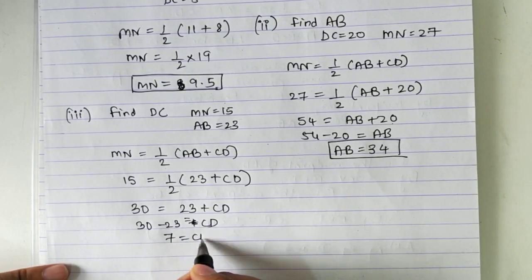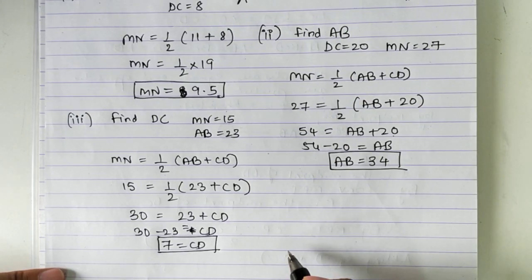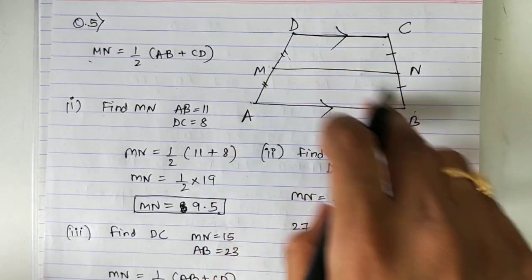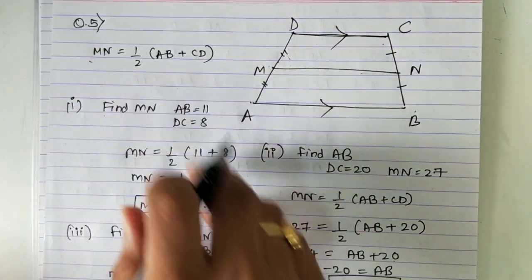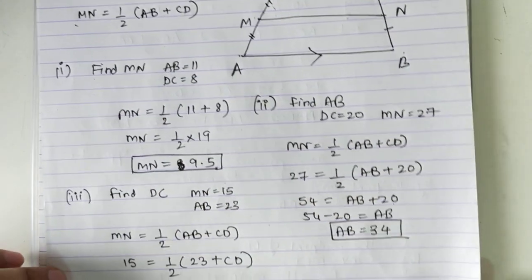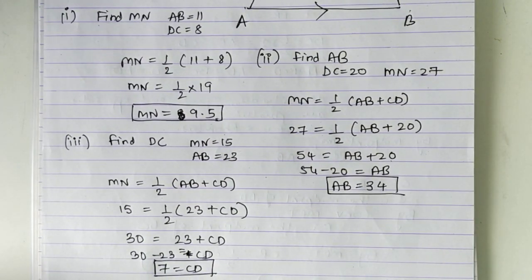So CD is 7. Okay. So this type of question, whenever you have MN is half of AB plus CD, use the formula, substitute the values. Easy.